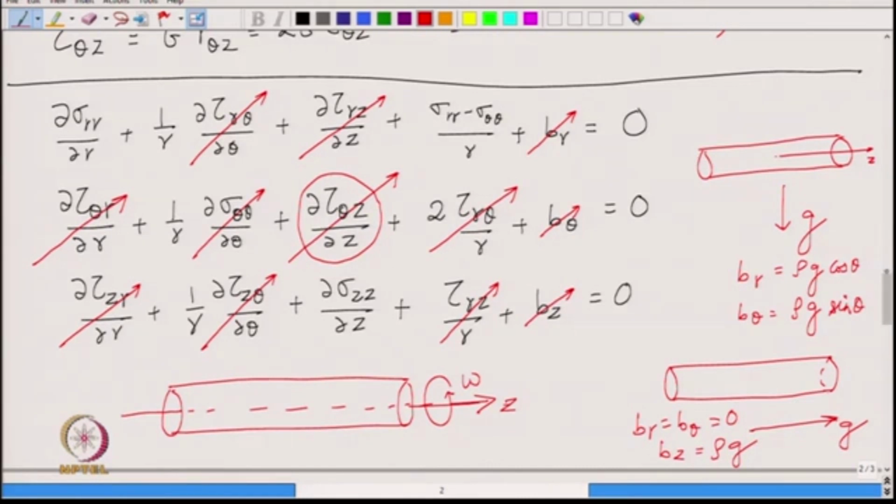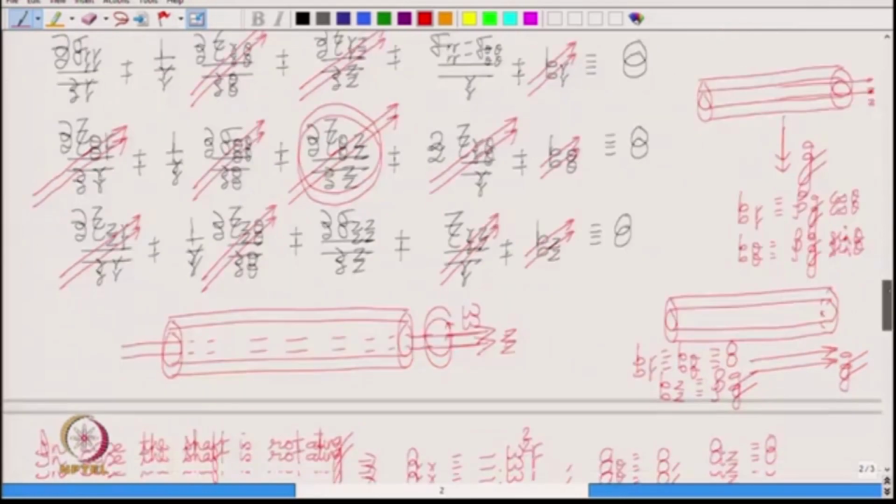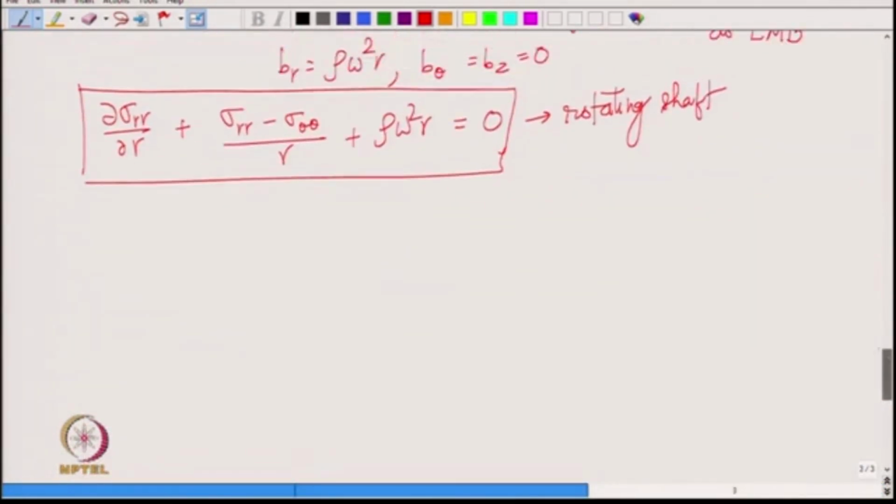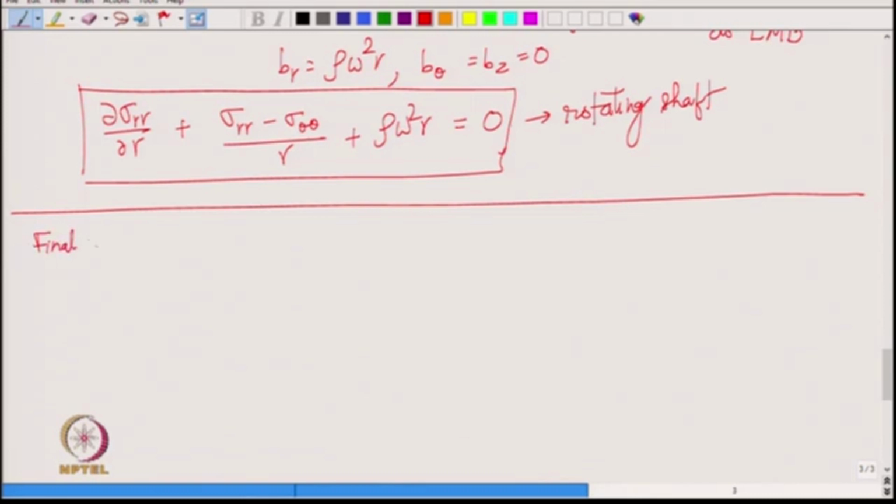All right. So, let us write down the final equations for extension torsion deformation.